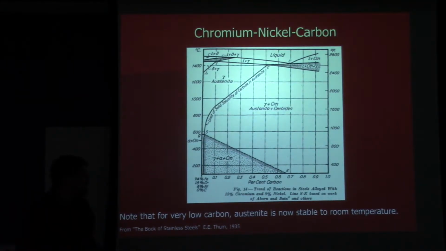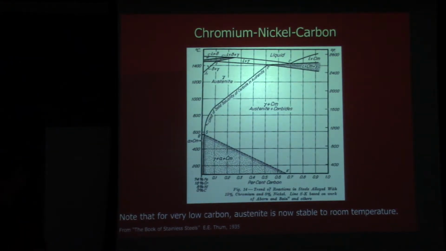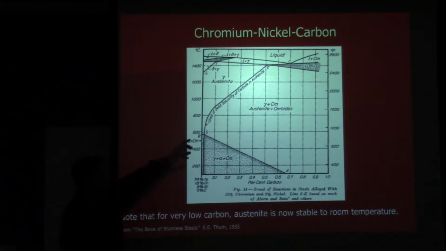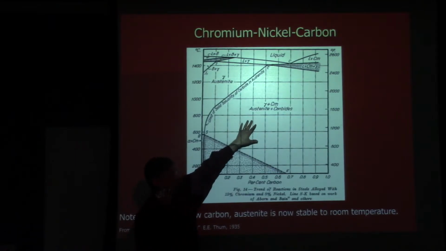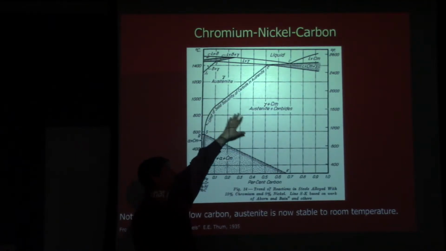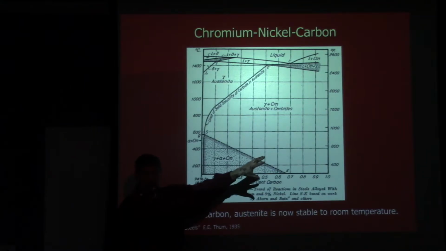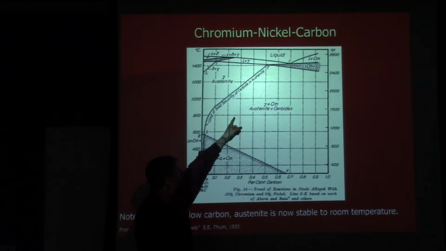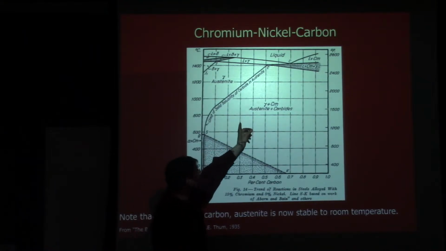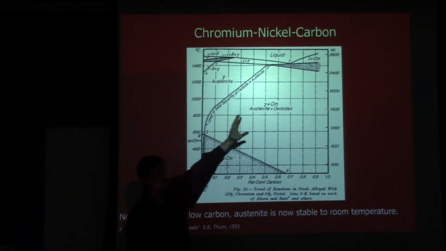This one is a little bit more complicated. This shows the effect of chrome, nickel, and carbon all at the same time on the area of austenite stability. So you can see here's austenite and carbide, right? If you think about the iron-carbon phase diagram, you have austenite, it comes down like this, you get a eutectoid composition, it goes back up the other way. This looks completely different.